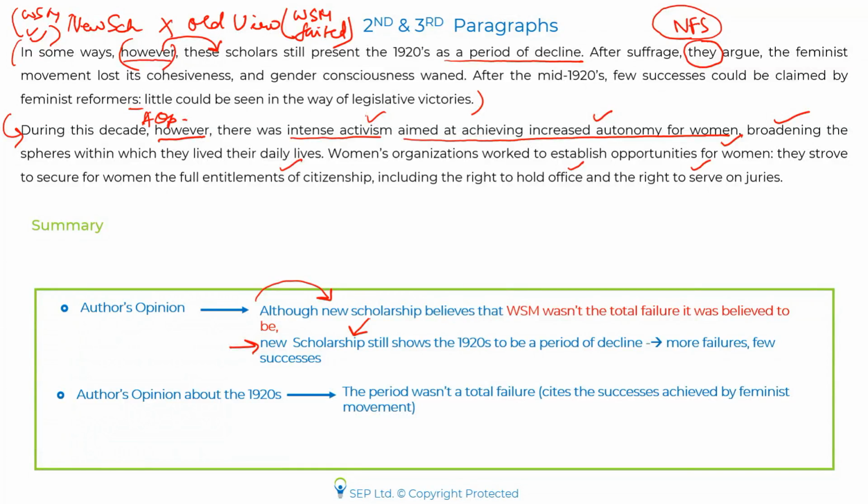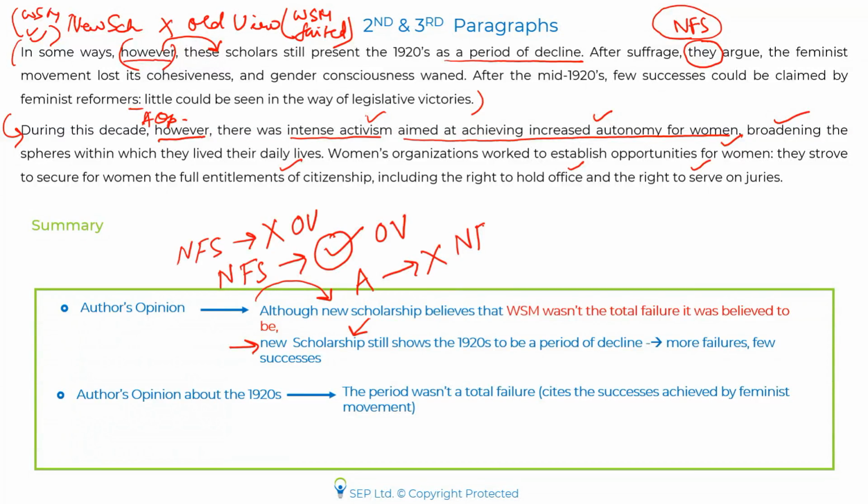So you see, in the first paragraph, new feminist scholars are against the old view. In the second paragraph, new feminist scholars partially agree with the old view. And in the third paragraph, the author doesn't agree with the new feminist scholars plus the old view.